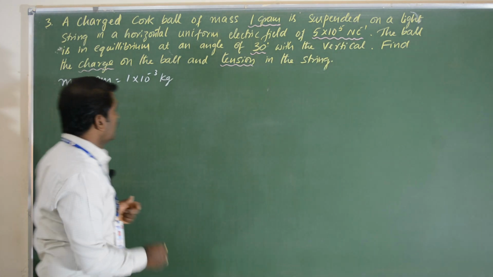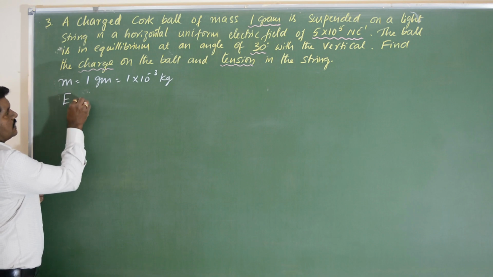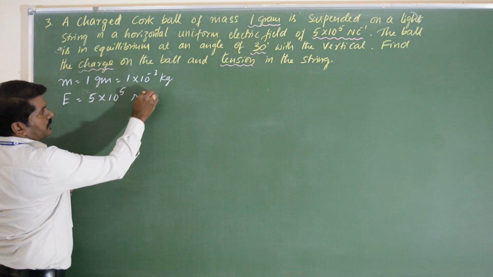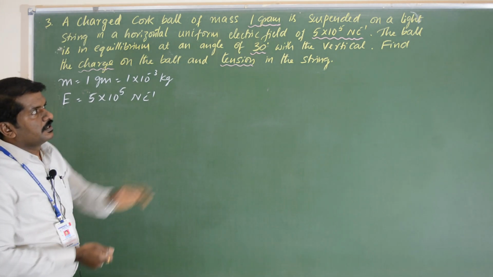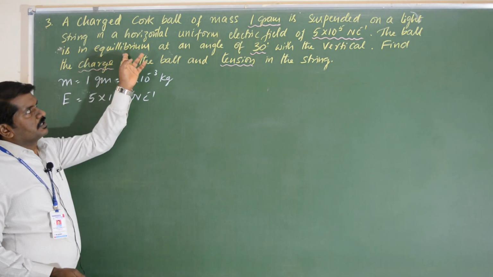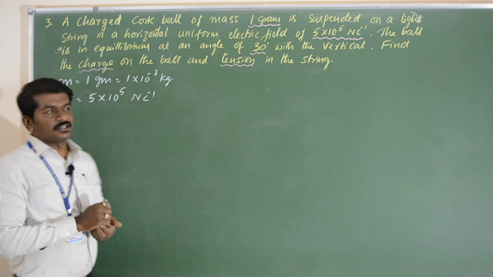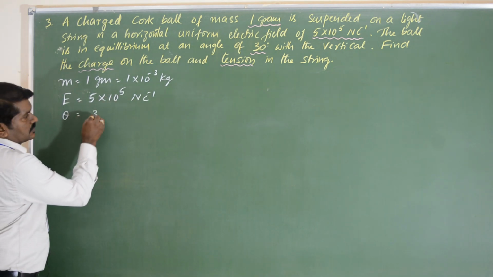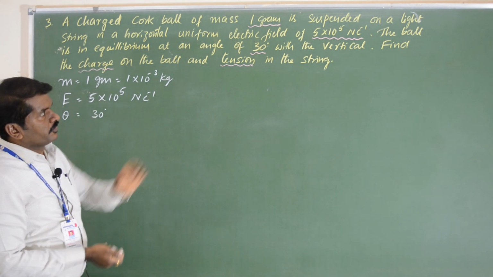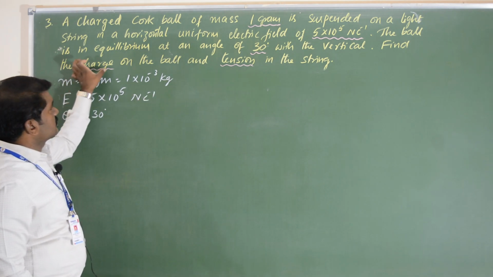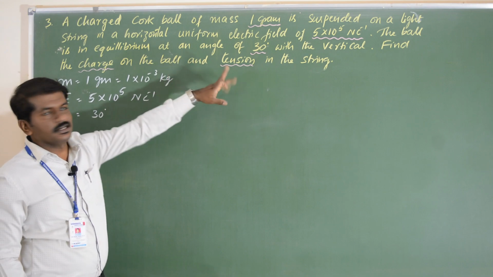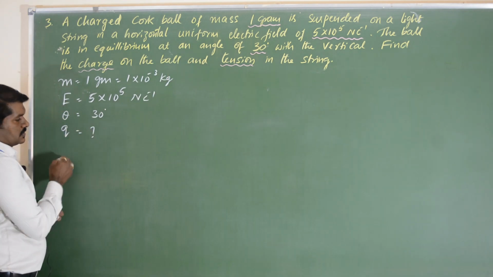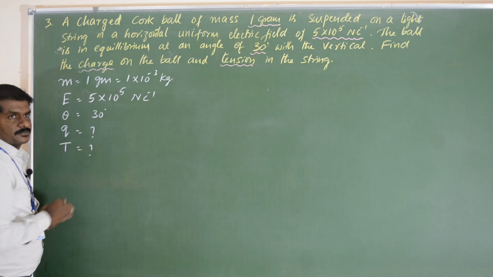That means E is equal to 5 into 10 power 5 Newton per Coulomb be the electric field. The ball is in equilibrium at an angle of 30 degree with the vertical. So theta is equal to 30 degree with the vertical. Find the charge on the ball and tension in the string. That means we have to calculate the value of charge and the tension in the string.